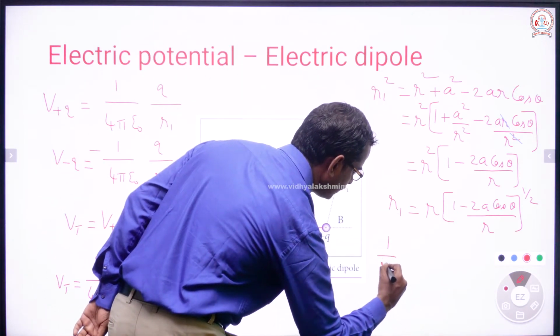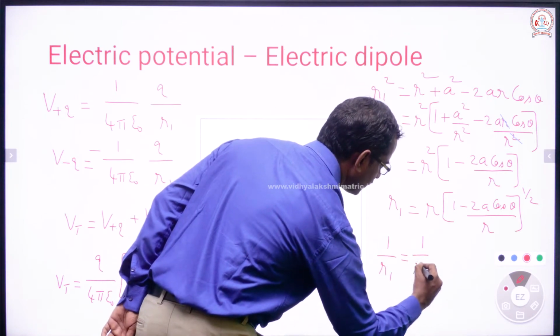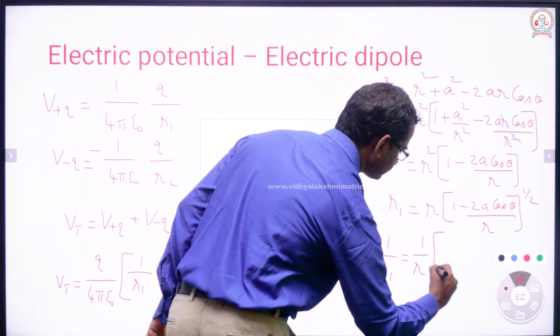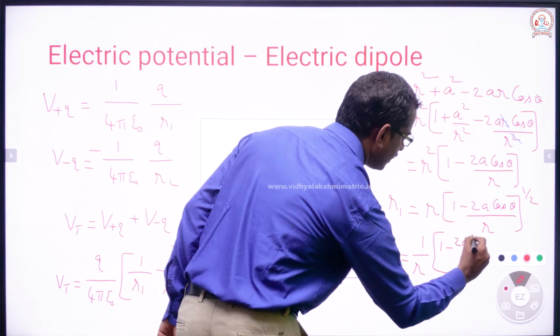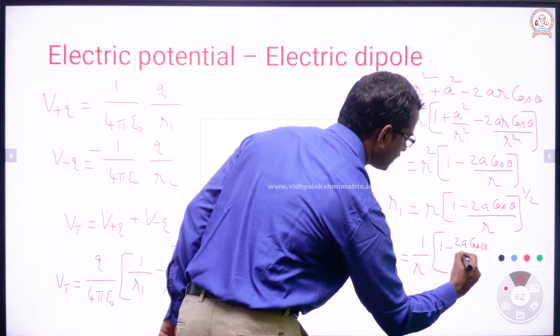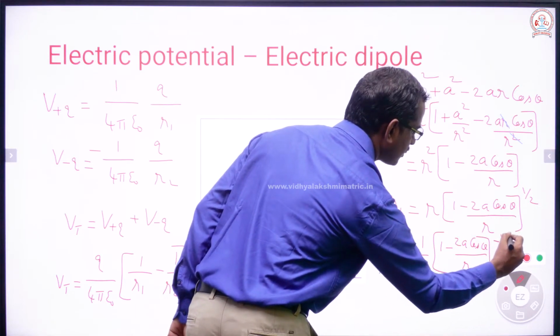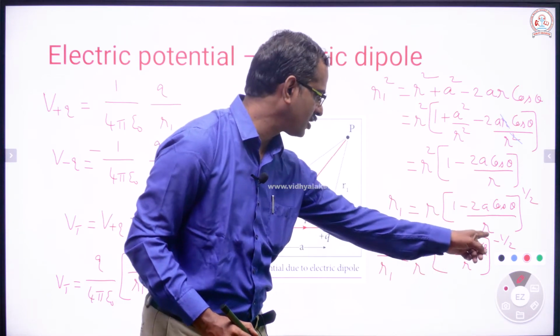1 by r1 is equal to 1 divided by r, into 1 minus 2a cos theta divided by r. In the power we can write minus 1 by 2 because we are bringing this to the denominator, therefore we have to introduce a minus sign.